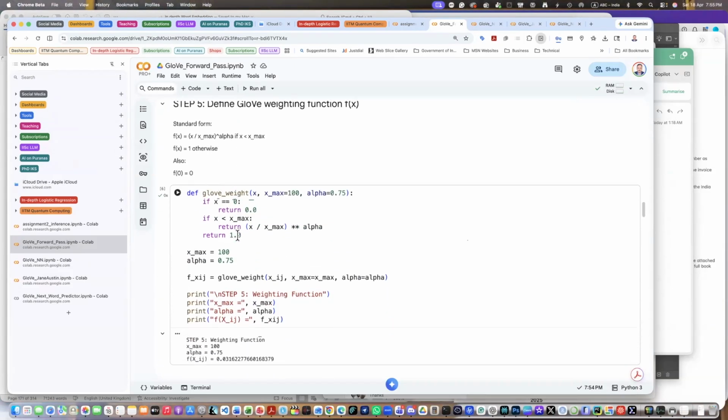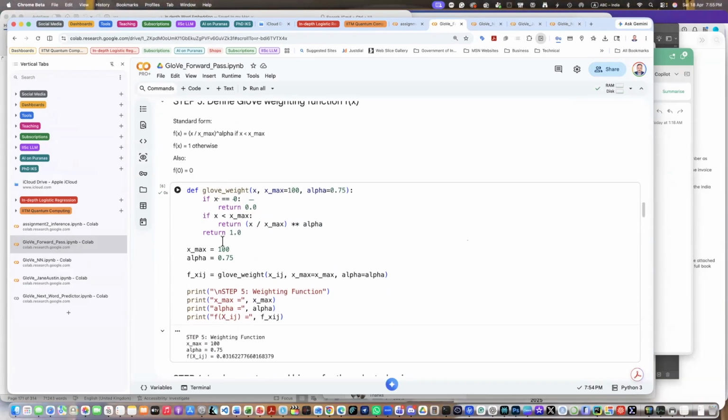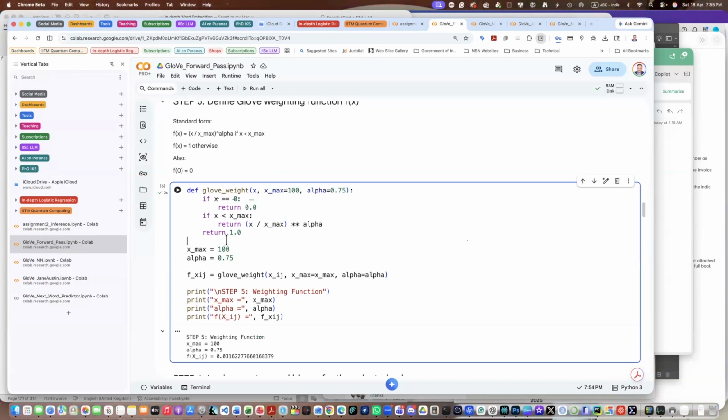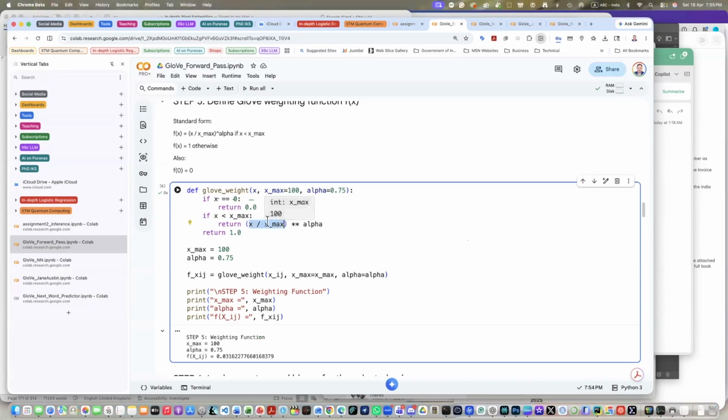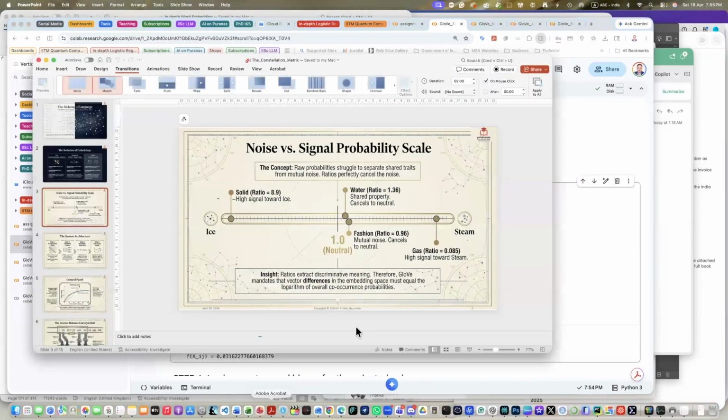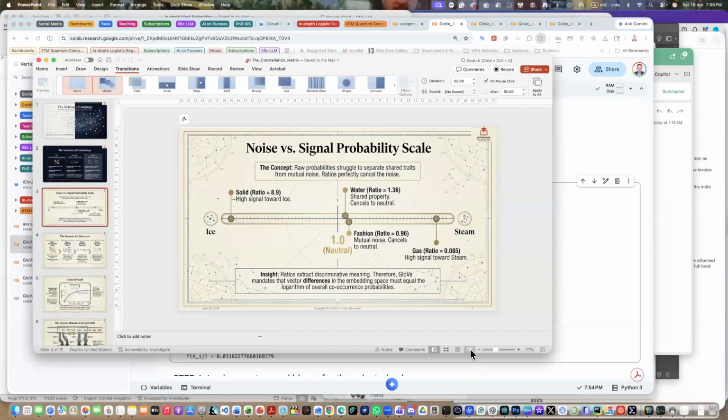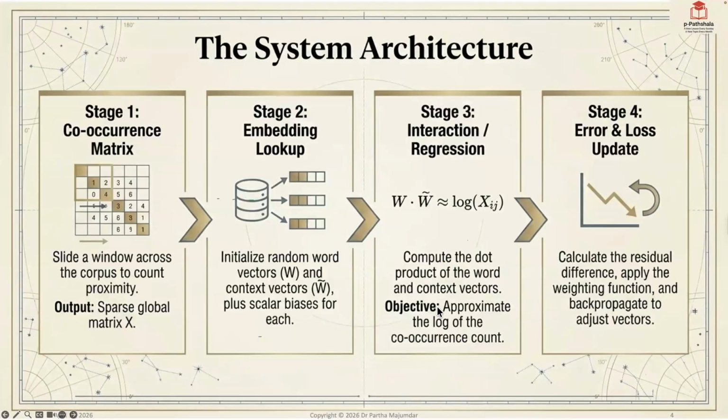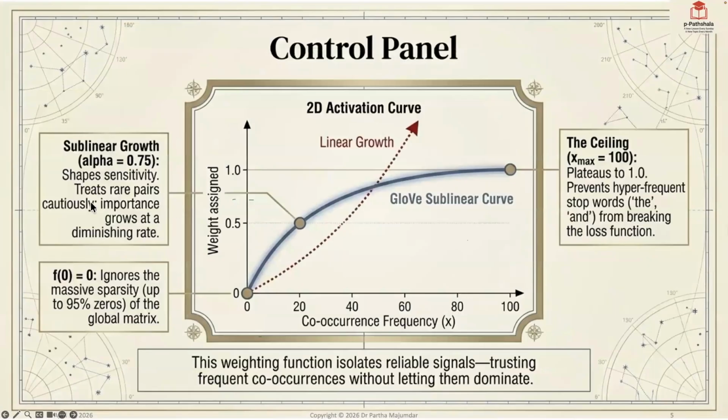Once I've done that, I make a GloVe weight. Here I'm going to use a formula where I calculate x by x max. X max is basically, let me take it to the presentation. X max is a ceiling, an upper limit.